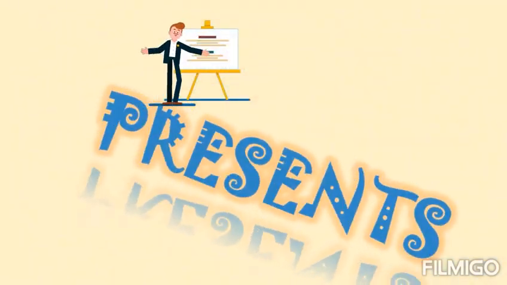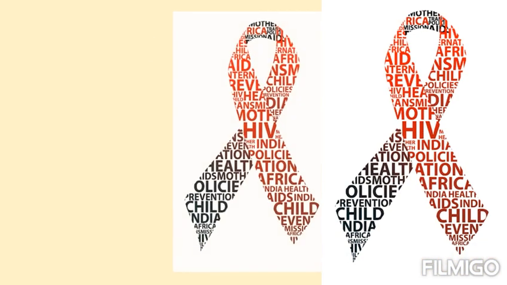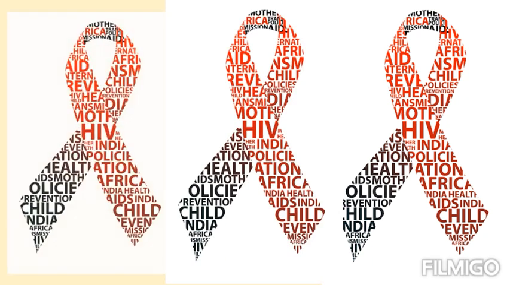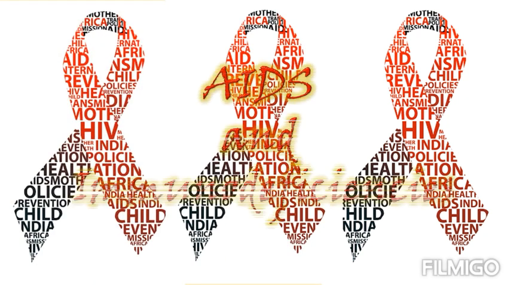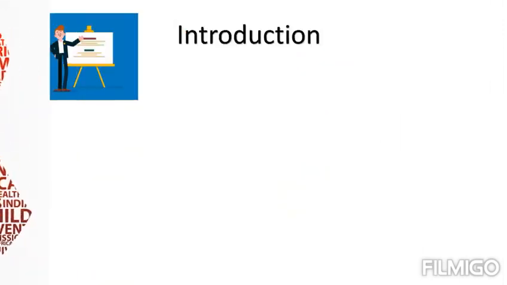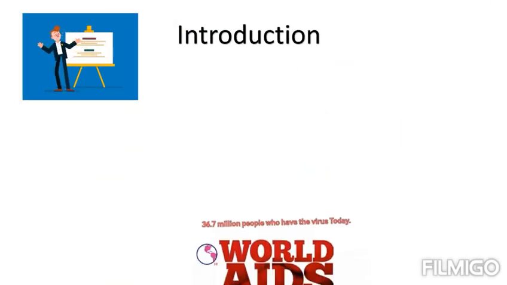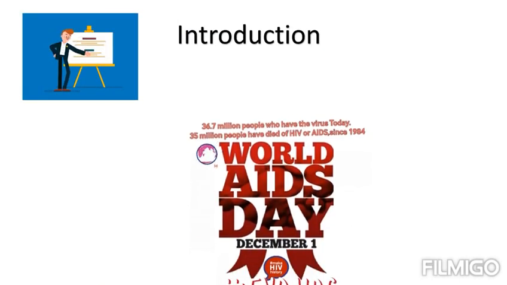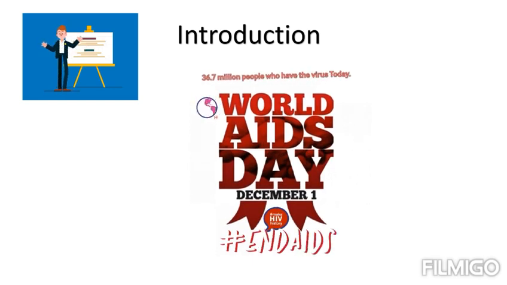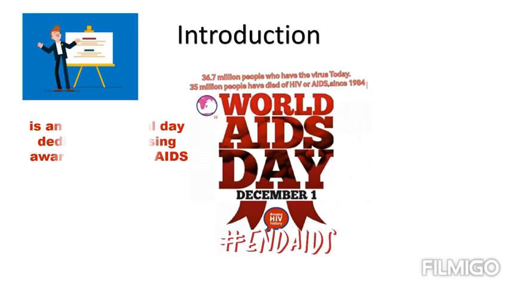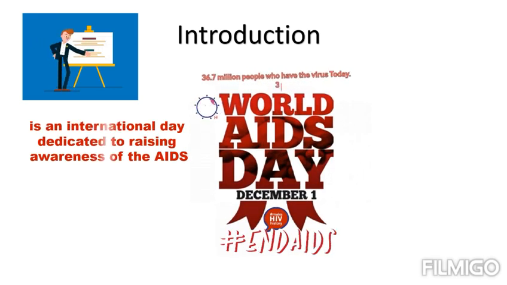Today we are going to present to you a new topic about HIV and immunodeficiencies. Every year, December the 1st is announced as World AIDS Day, a day to support those individuals who suffer from AIDS.